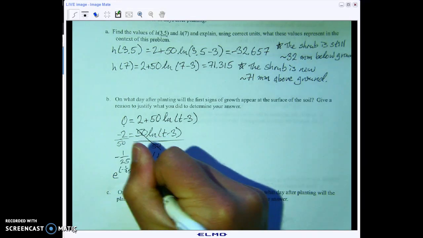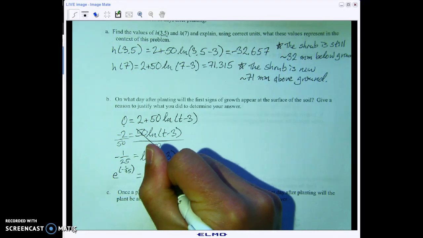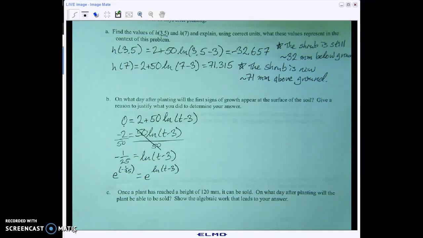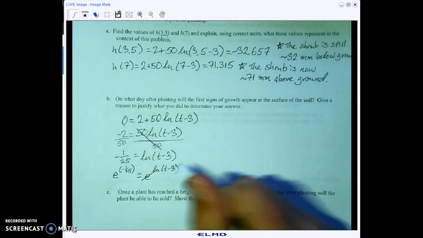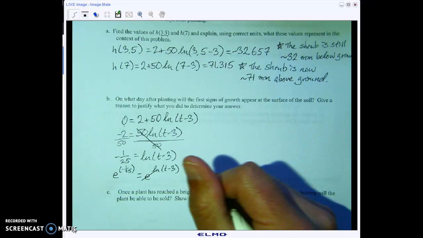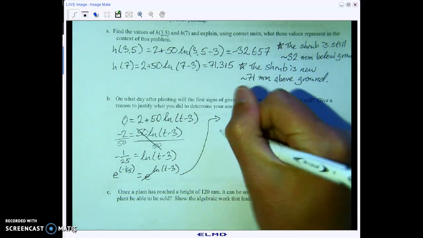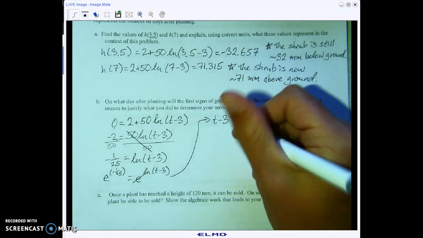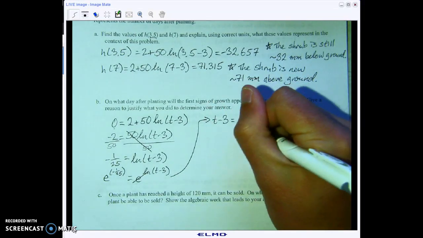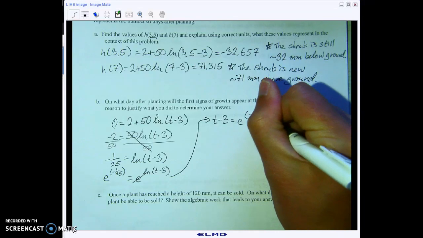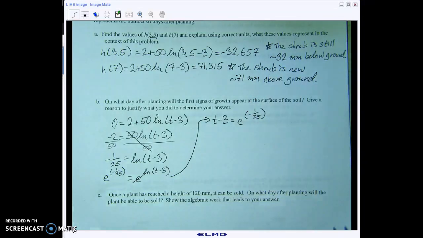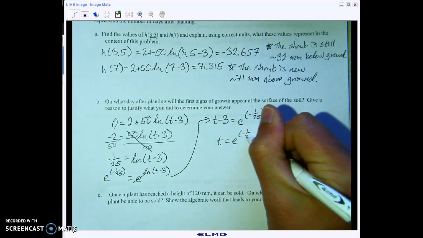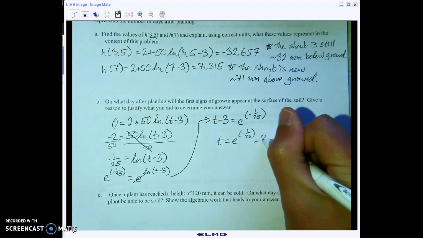So e to the negative 1 over 25 is equal to e to the natural log of t minus 3. That's how we undo the natural log part. So we're left with t minus 3 equal to e to the power of negative 1 over 25. In other words, t is equal to e to the negative 1 over 25 plus 3.